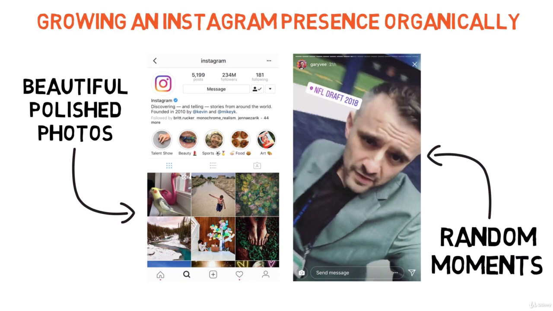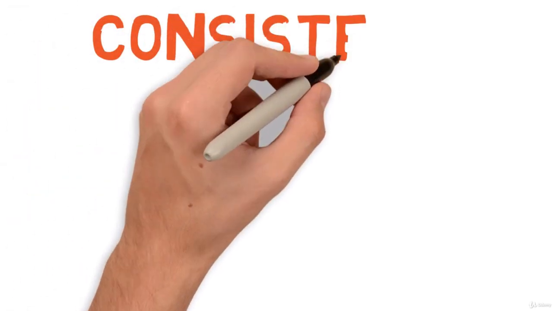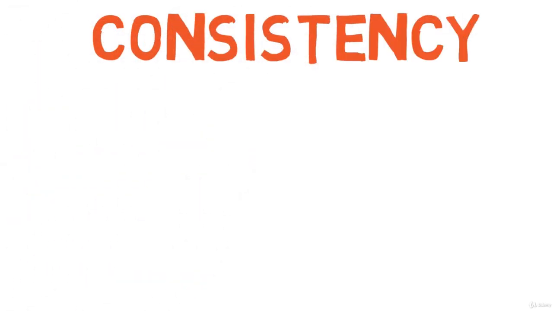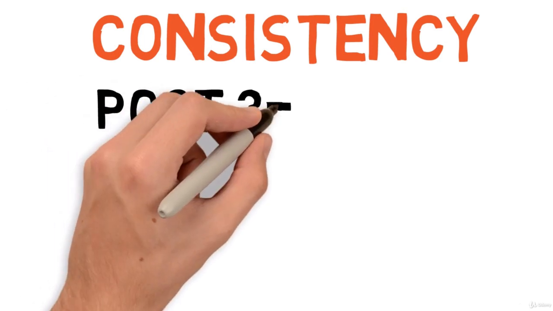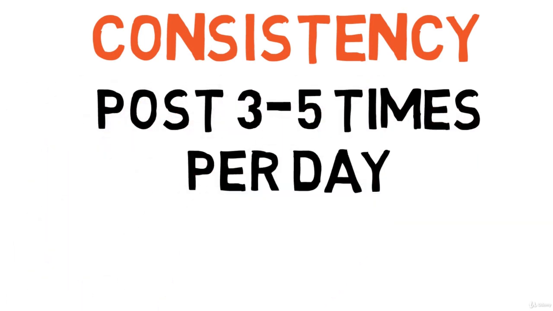The photos and videos you actually post to your profile are going to be your primary content and the driver of your growth on Instagram. But stories are a great way to humanize your brand and connect with your existing audience, so I highly recommend taking advantage of both. When you're growing a new Instagram account, consistency should be a priority. I recommend posting 3 to 5 times a day.